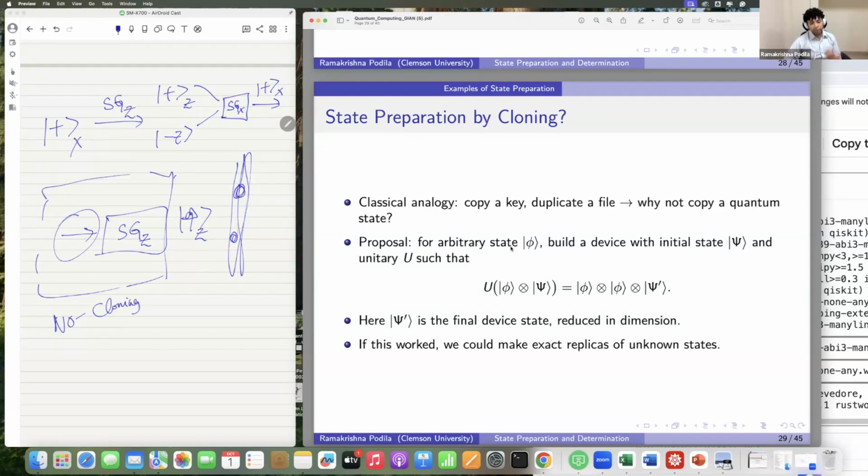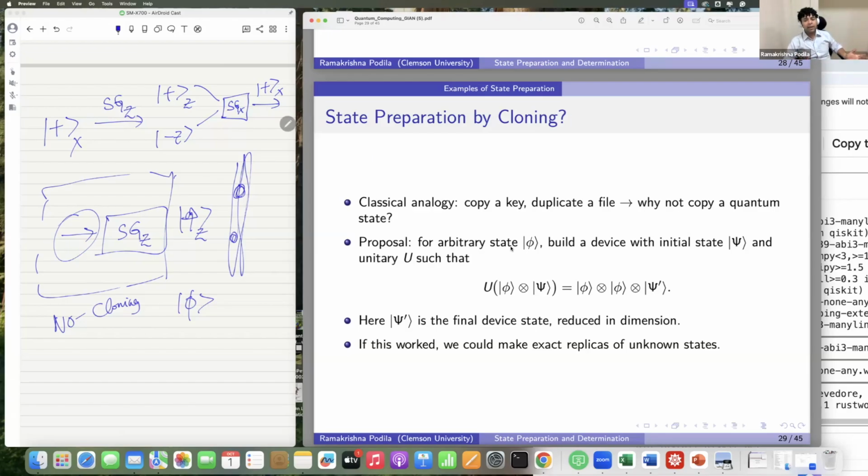So what we are proposing is that we consider some particle in some arbitrary state phi. We do not know what this arbitrary state is. And I'm making a device. The device is itself in a quantum mechanical state, like the Stern-Gerlach apparatus, where the electrons in the magnet have certain spin and are in some state.